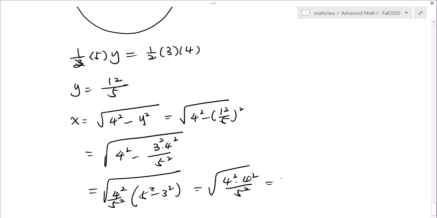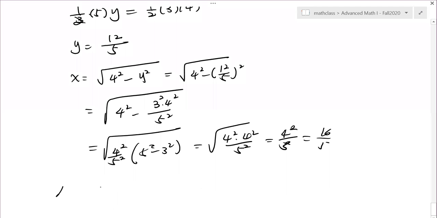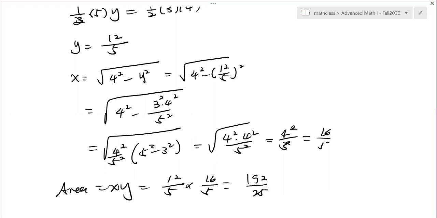Okay, so that is 4 squared over 5, 16 over 5. Right, so that's it. And then the area is going to be the product of these two numbers. Okay, it's going to be 192 over 25. Okay, you can also solve for x and y from the above two equations without using the area of the triangle.